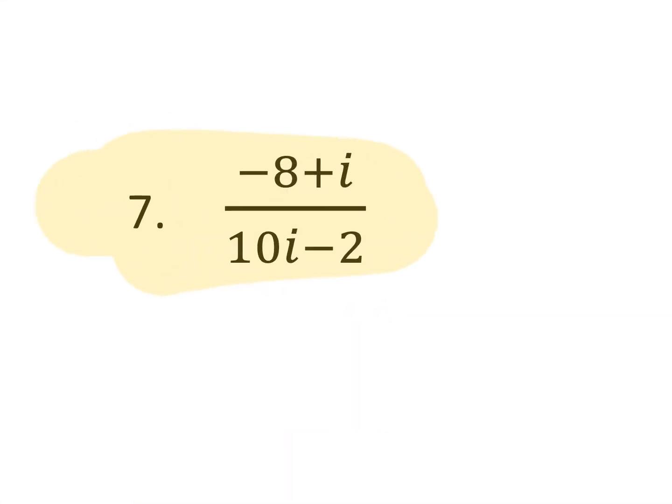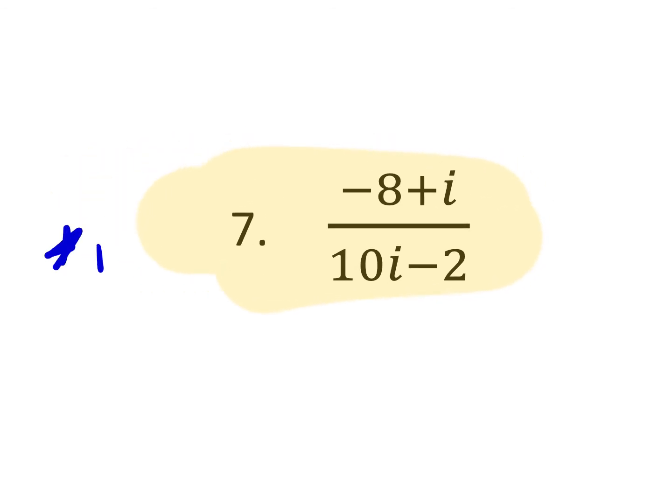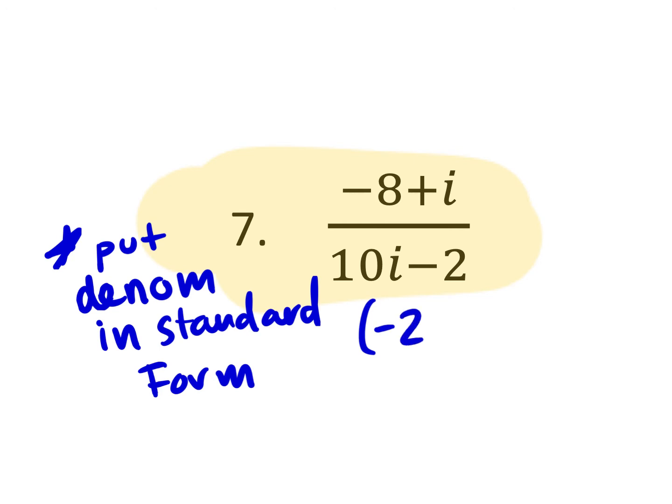All right, so looking at number 7. So here we want to get the imaginary part out of the denominator. We want to make that a real number in our denominator. The first thing I would suggest to do is to put the denominator in standard form. So that would be -2 plus 10i.